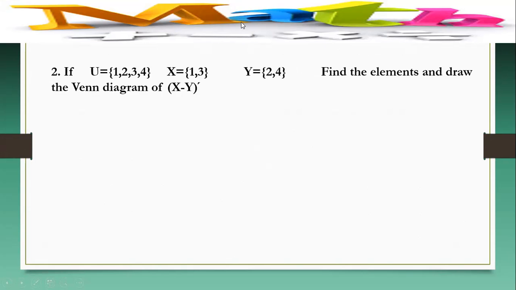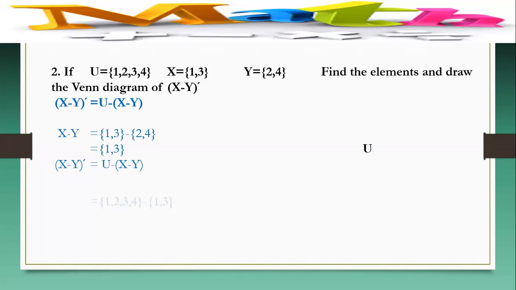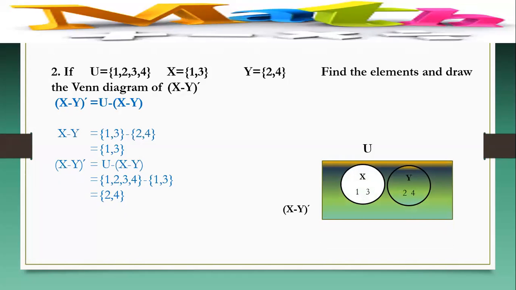When you subtract y from x, you get the answer 1 and 3. Good. And when you subtract it from the universal set, you get the answer 2, 4. In this way, you can simply draw the Venn diagram.